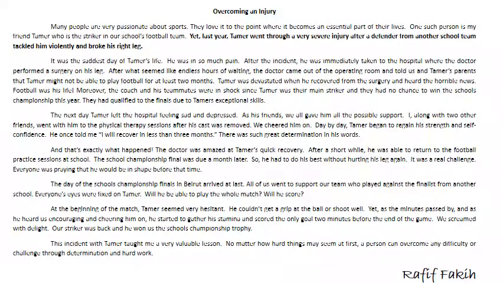So let's read it together. Overcoming an injury. The title, by the way, guys, is very important. When I read the title, it should be a mini summary or a condensed summary of what your whole essay is going to be about. Okay, overcoming an injury, obviously, this whole story will be about a person who overcame an injury.